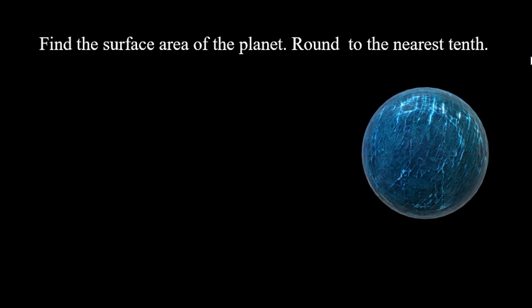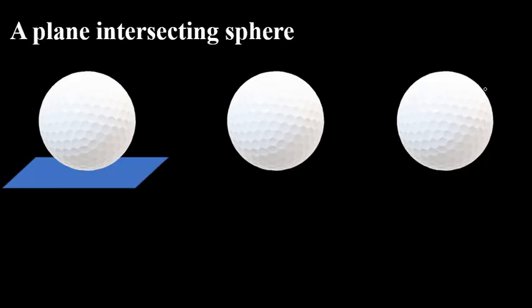Now let's try one more topic on this. If you have a plane and it intersects the sphere at a single point, then that is basically a point. So the plane is intersecting a sphere at a point, and the center is here.